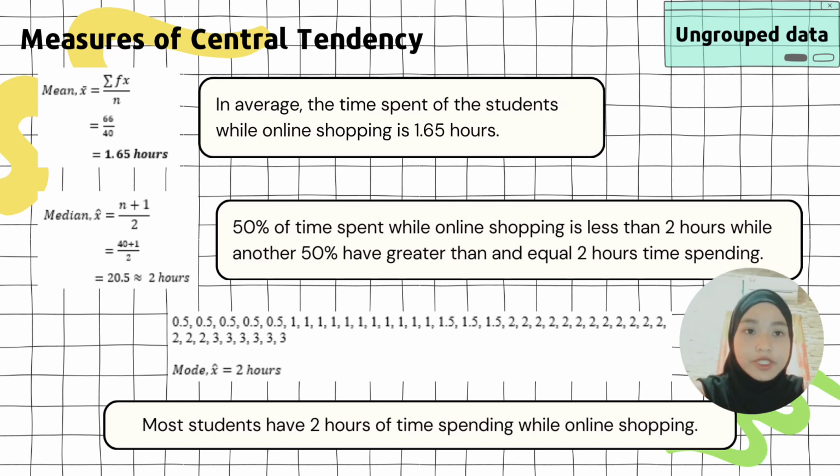The interpretation for mean is, on average, the time spent by the students while online shopping is 1.65 hours. For median, 50% of time spent while online shopping is less than 2 hours, while the other 50% is greater than or equal to 2 hours. For mode, most students spend 2 hours while online shopping.